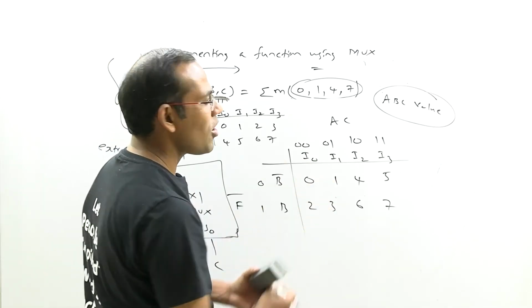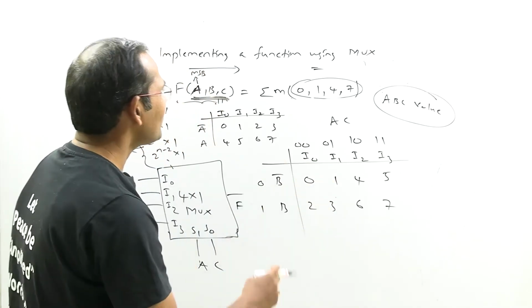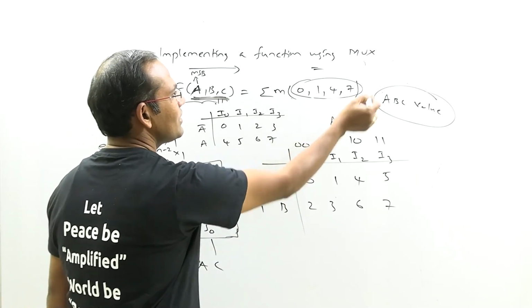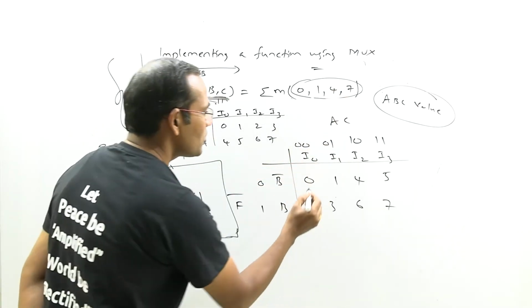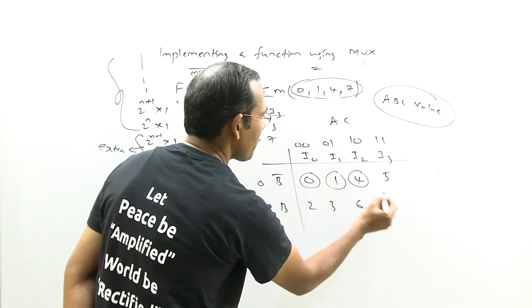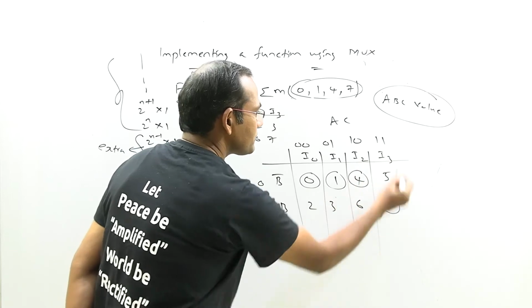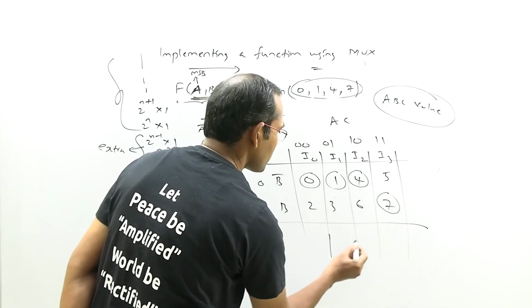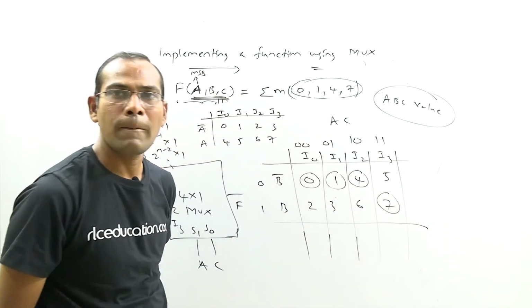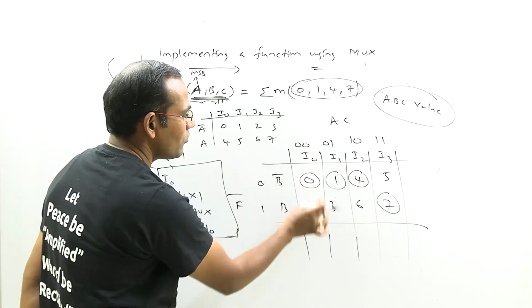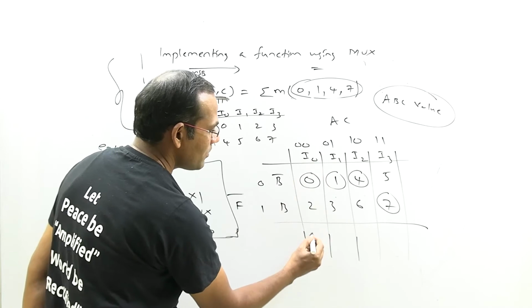After forming this table, circle these numbers: 0, 1, 4, 7. Here only one circle is there, that's why B bar.